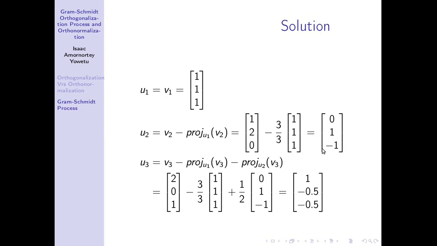This shows us that each pair of vectors in the orthogonal basis is going to result to what? 0.